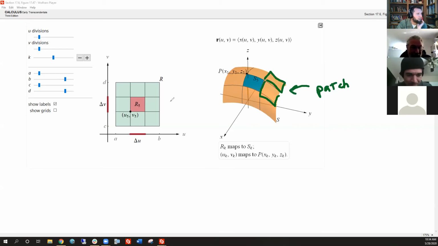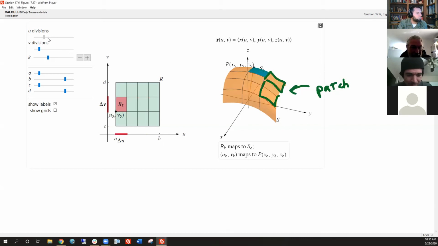If we want to find the surface area of the overall surface, you can imagine we're going to find the area of each of these individual patches, and we're going to add up those areas. If we want the area to be more exact, then we could increase the number of divisions.